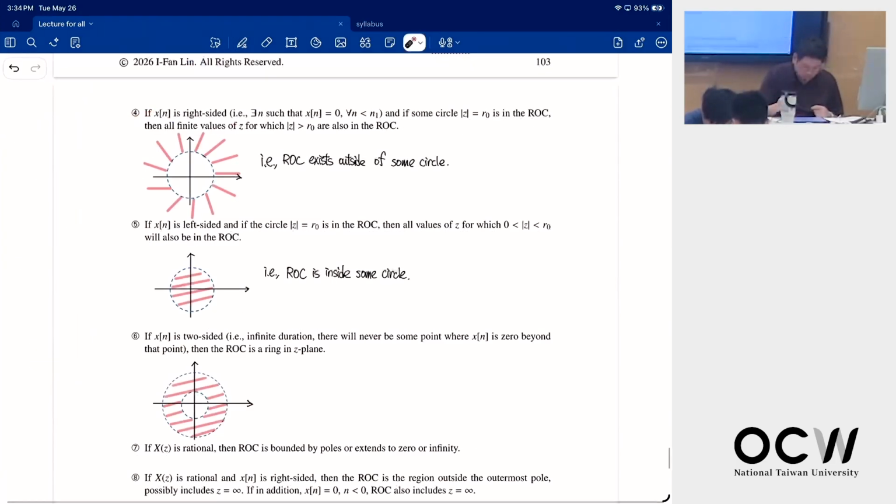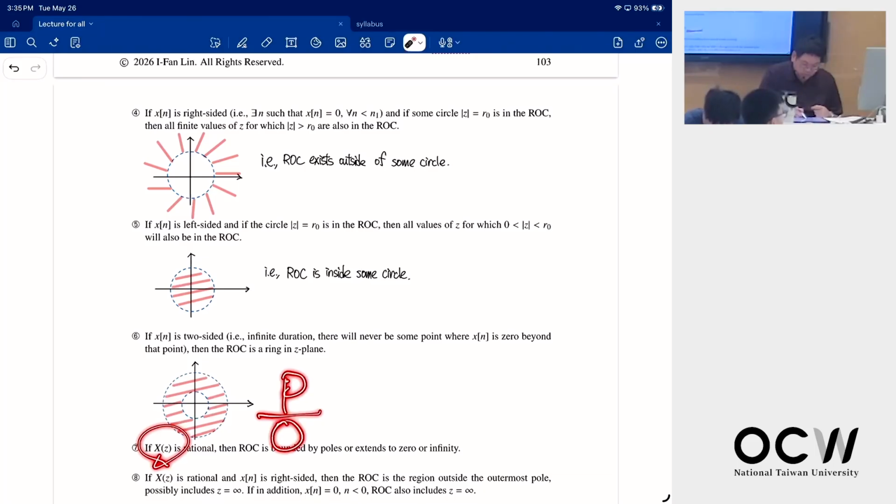And if X is rational, P over Q, then the region of convergence is bounded by poles and extended to either 0 or infinity. Bounded by poles because the region of convergence cannot include poles. We'll see the example right away.